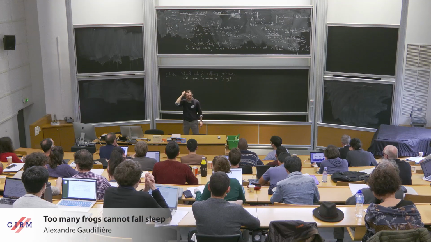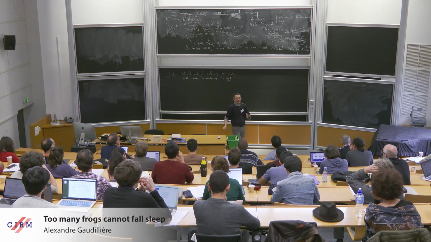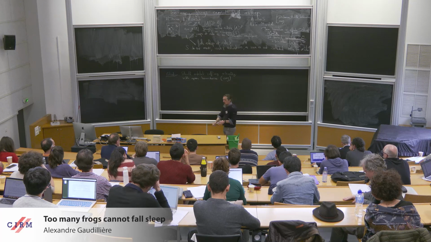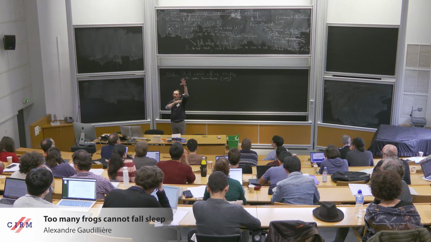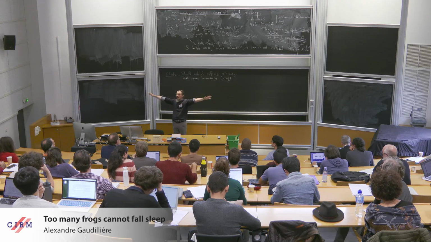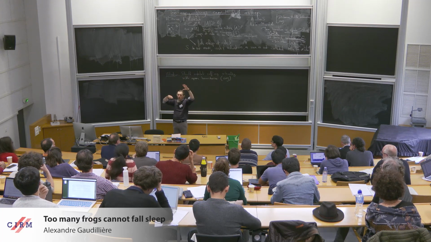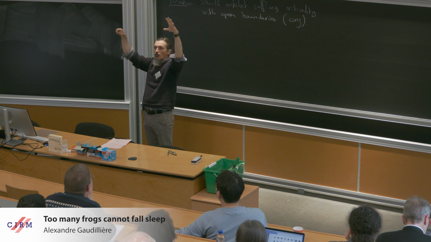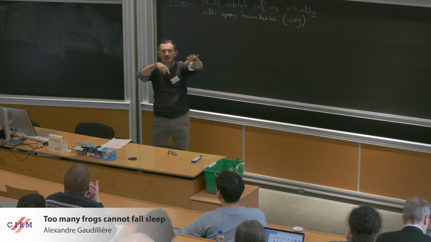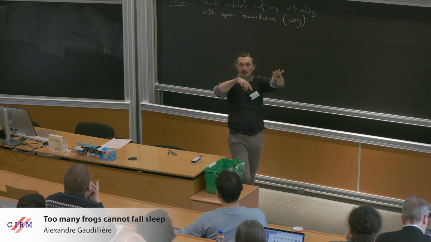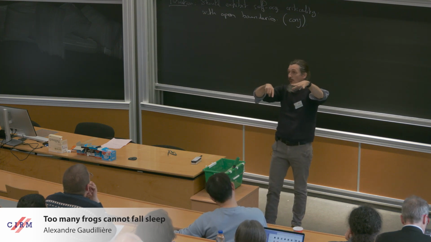What do I mean by that? How can I explain this? So assume that you have frogs that arrive, you start from an empty box, and frogs arrive at some small rate. So a frog is arriving, it works a bit, and at some time it falls asleep, and that's it.